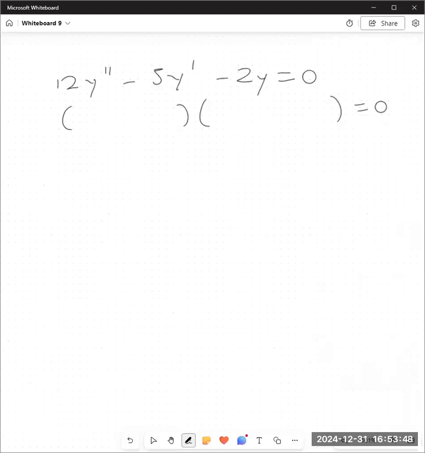Next one here, 12y double prime minus 5y prime minus 2y equals 0. And we're going to factor. So let's think of factors of 12, let's see, so 3 and 4.